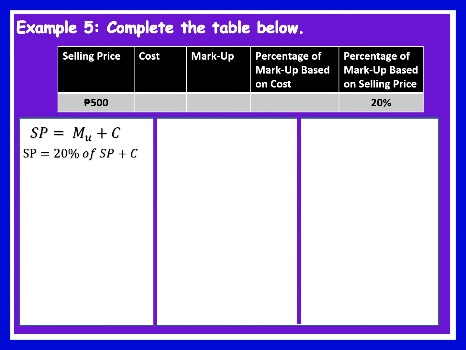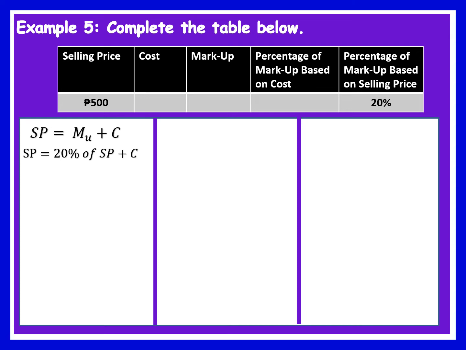To find the value of the cost, we are going to replace the value of the markup, which is 20% of selling price, because it is indicated there that the percentage of markup based on selling price is 20%.